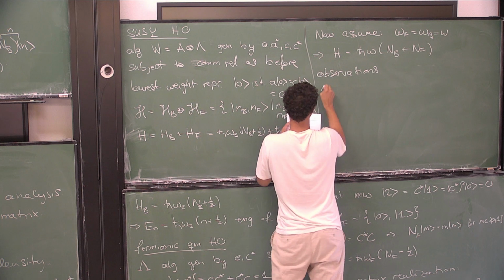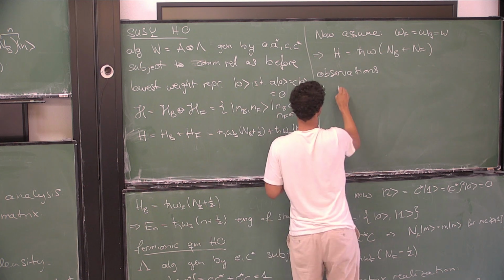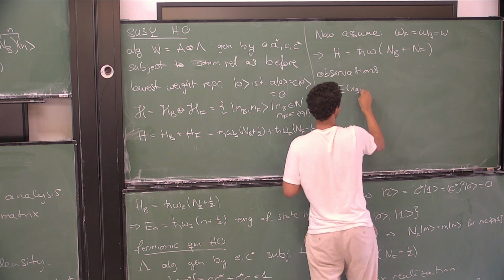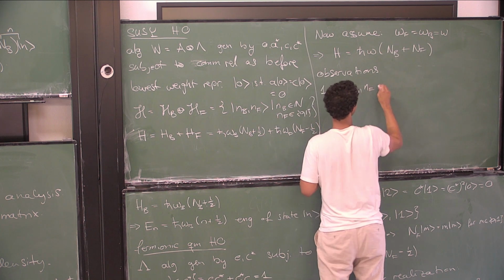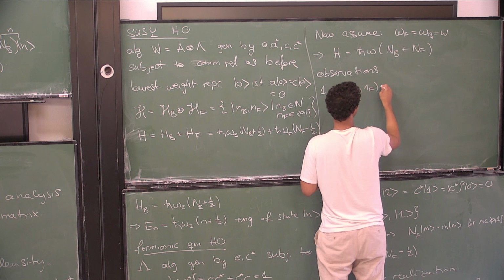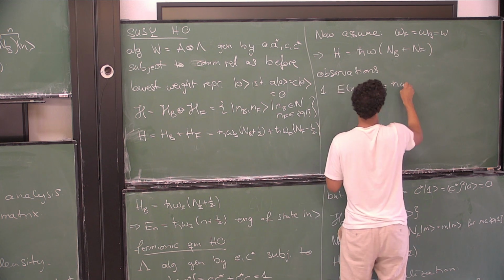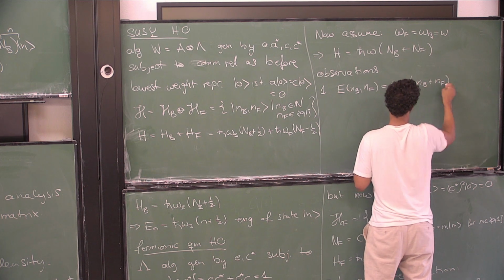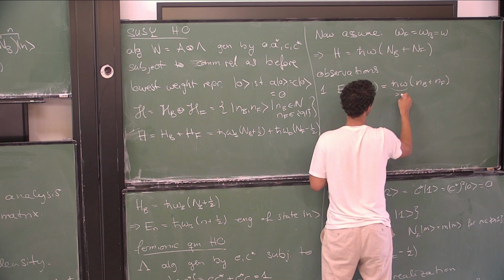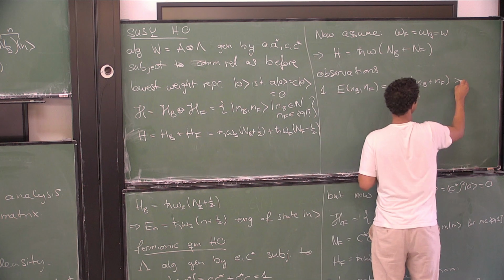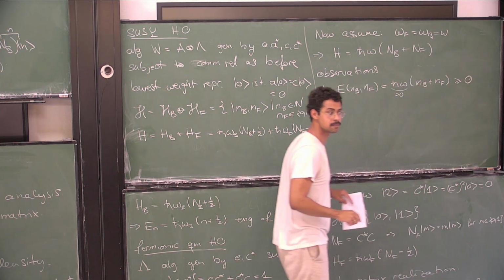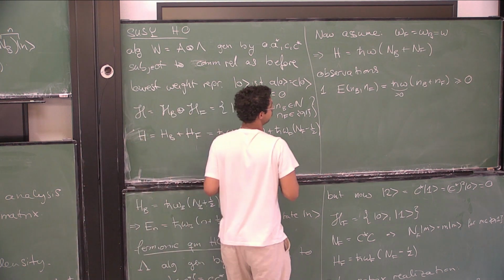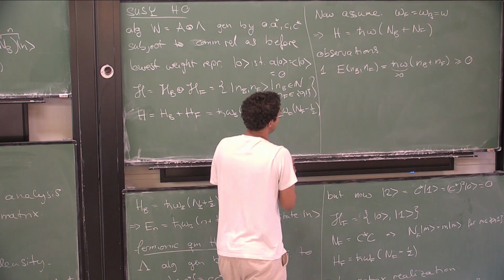The first one is the energy now depends on how many bosons we have and how many fermions we have, right? Well, this is h bar omega times N_B plus N_F, but let's say that this is a positive quantity, okay? Then this is always greater or equal to 0. So we have a positive energy spectrum, which is nice.